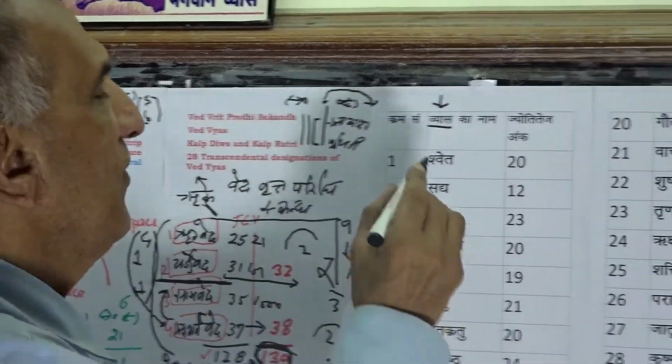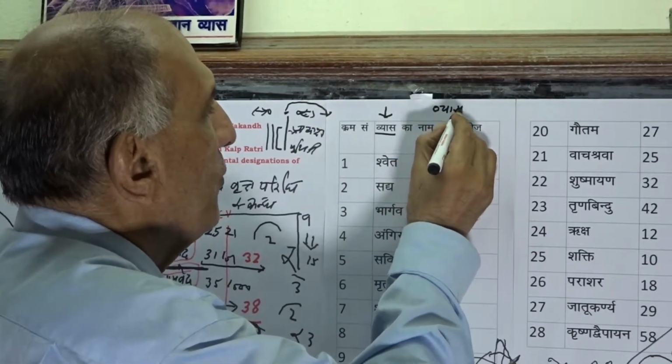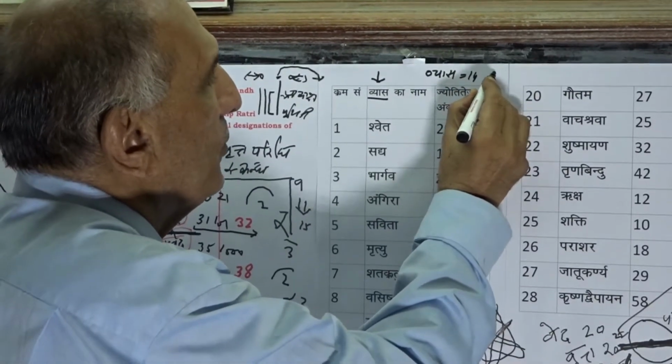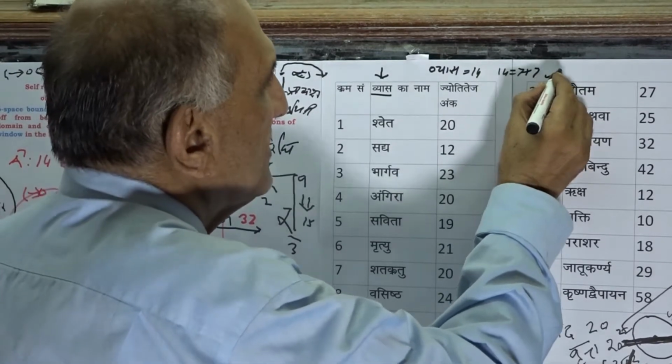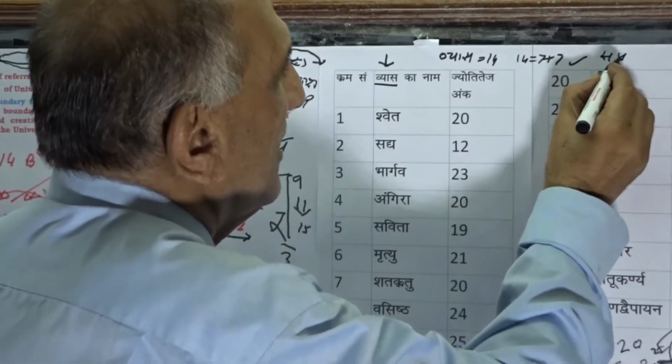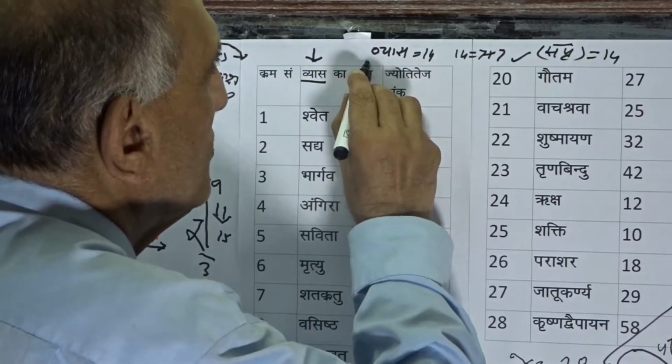We know Vyas gives us a value 14. We know 14 is equal to 7 plus 7. We know 7 as a sapt is again giving us a value 14, and it takes us to value 28.